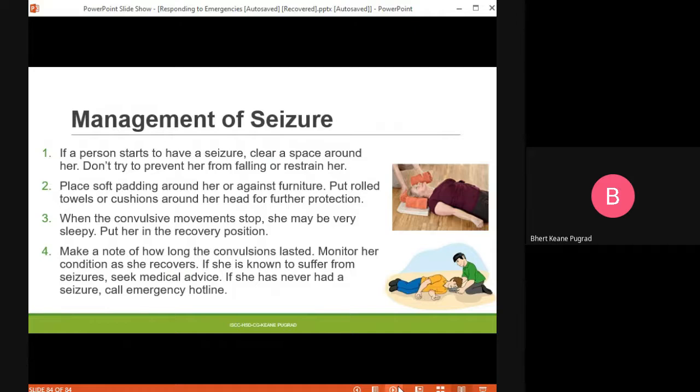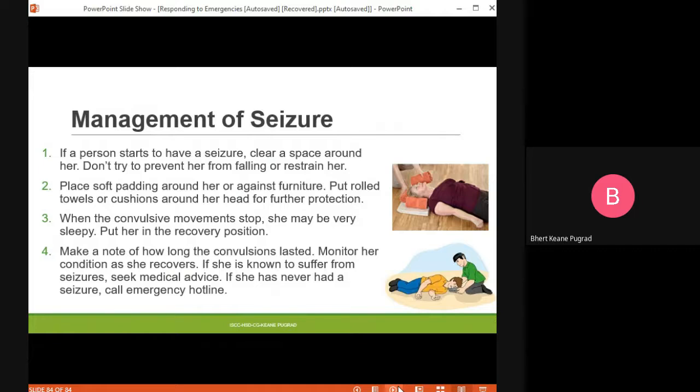Kapag nakaupo yung pasyente, tulungan mo na lang na ipahiga sa floor, but huwag mong pigilan yung pasyente sa kanyang paggalaw. Just observe the patient and ensure that the environment is safe.